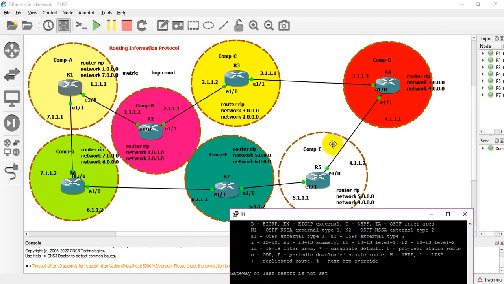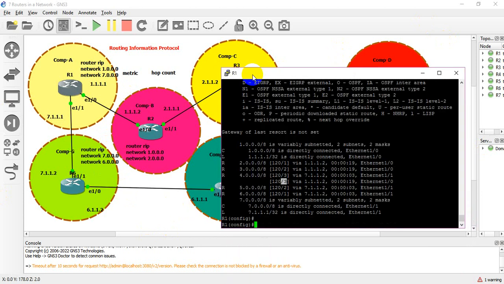But here the scene is that the router strength is the same on both ways. So if the strength is the same, then which is the best path? You know, there is the concept of load balancing. It means the load will be shared in a balanced way: one packet will go this way, one will go this way, one this way, one this way. So the load would be balanced on each path. Both would be selected as the best path. So this is the load balancing concept in Routing Information Protocol.